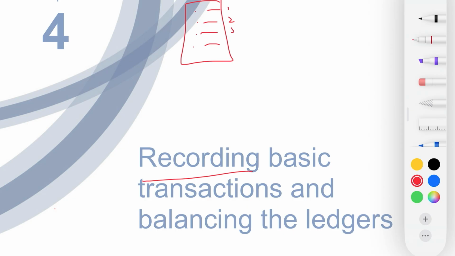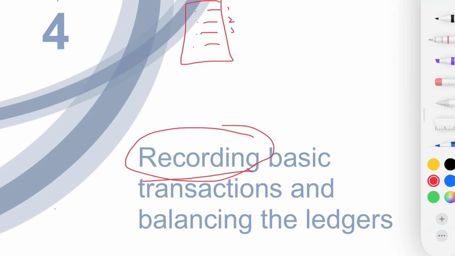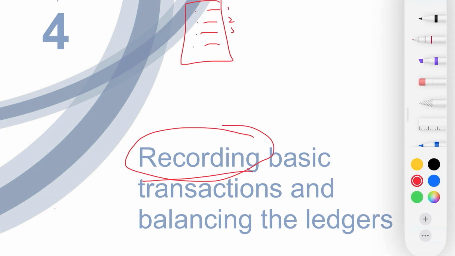The journal plays a vital role in the accounting process because it provides a complete and detailed record of every business transaction, and it ensures accuracy, helps in detecting errors, and maintains a clear audit trail.